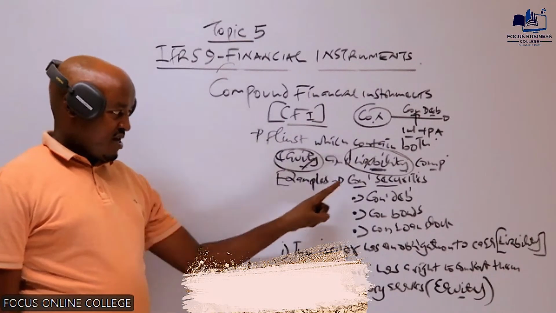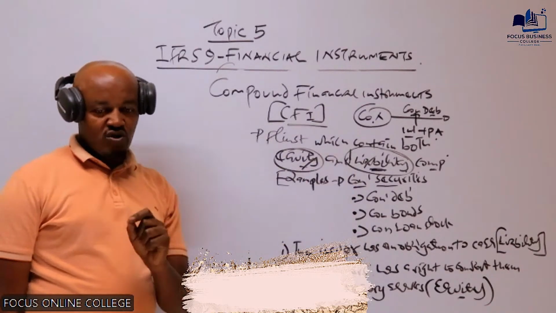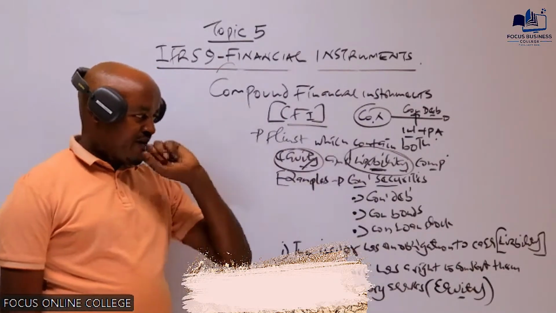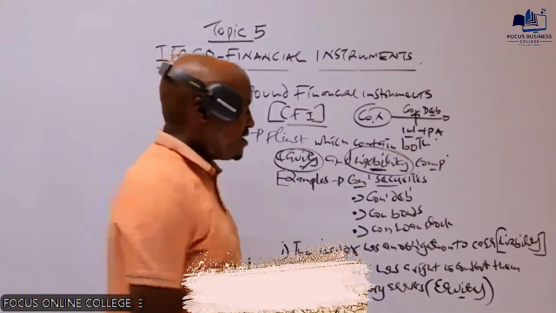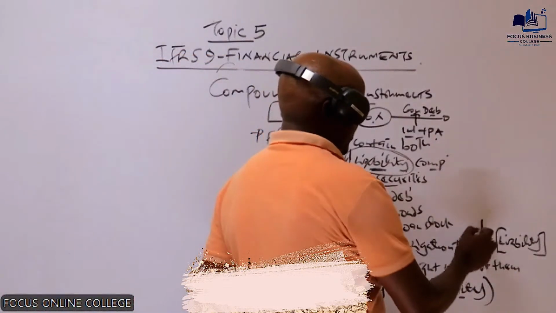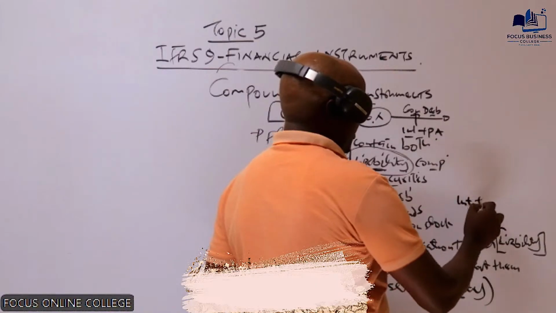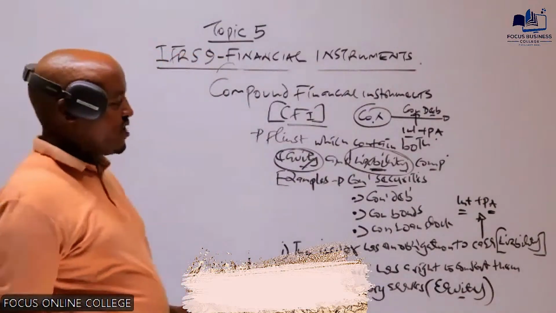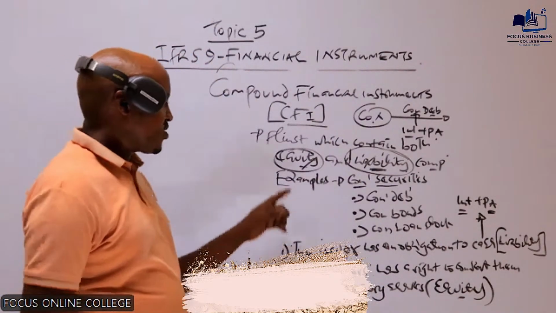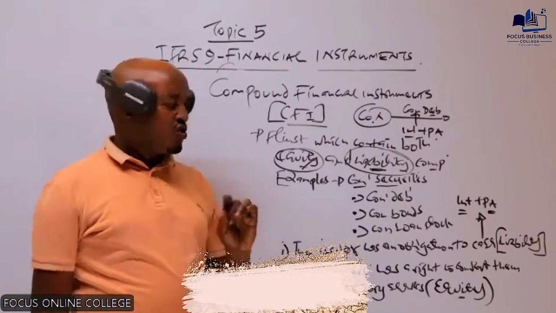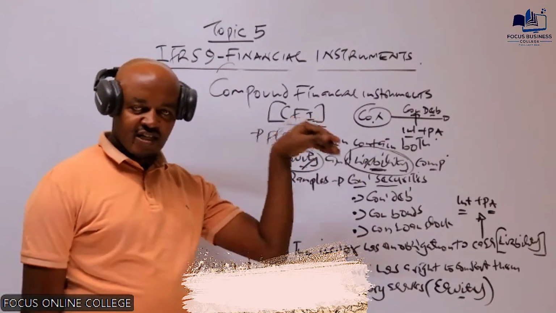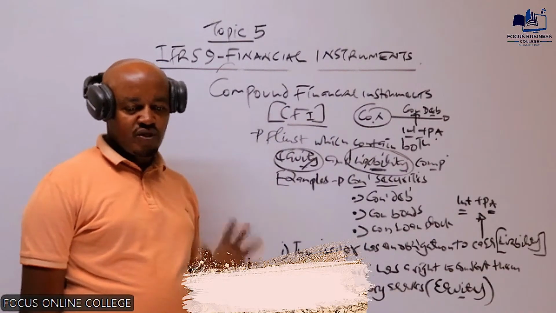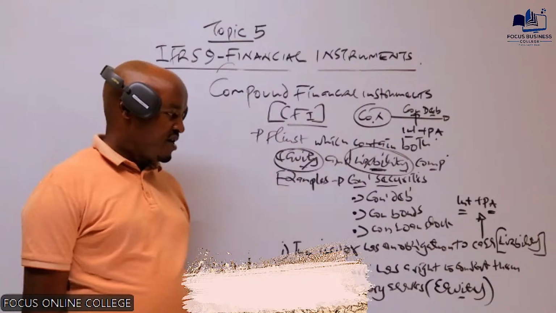They contain a liability component because the company which has issued them has an obligation to pay cash, in the form of interest and the principal amount. They contain an equity component because the holder can convert them into ordinary shares, which is an equity in itself.